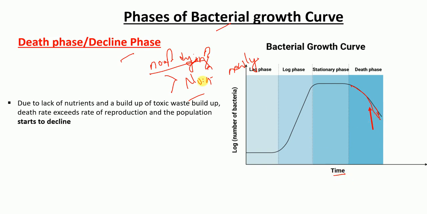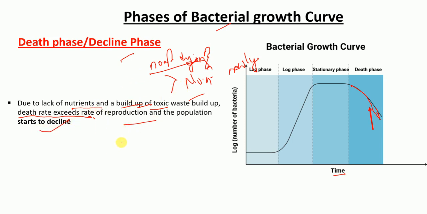So why does this decline phase occur? Because of the lack of nutrients and the buildup of toxic waste. As time passes, the nutrients will be used up by the bacteria, and hence the nutrients will be lacking, and there will also be a buildup of toxic waste, and that leads to a death rate which is higher than the reproduction rate, and hence the population starts to decline.